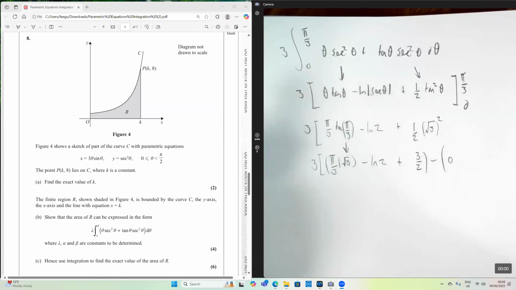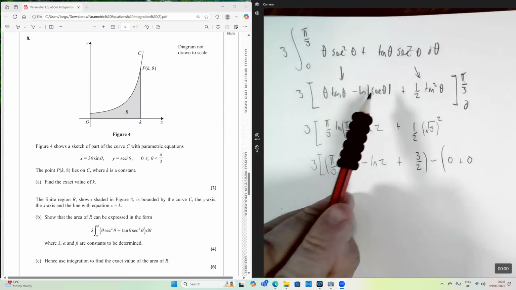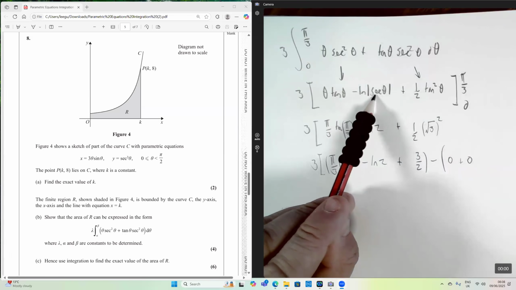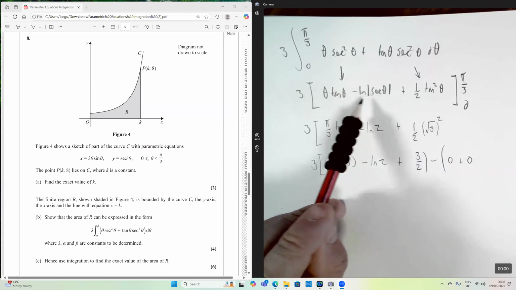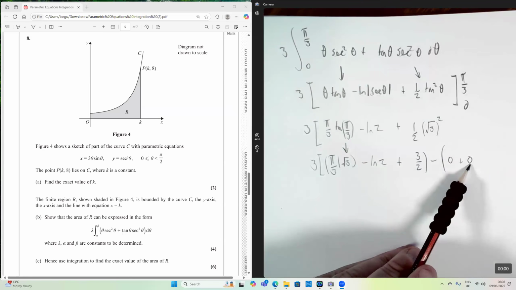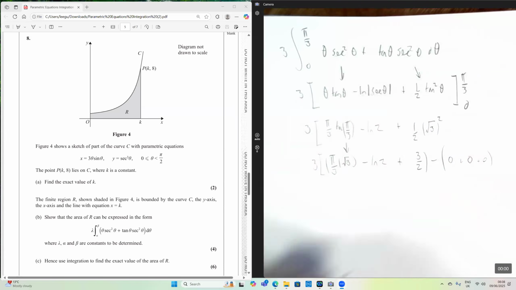And ln of 1 is 0. So that term goes to 0 as well. And then tan of 0 is 0. So we have another 0 there.